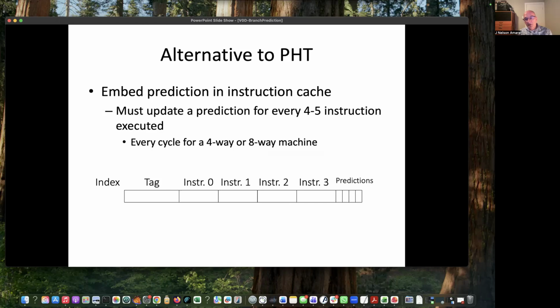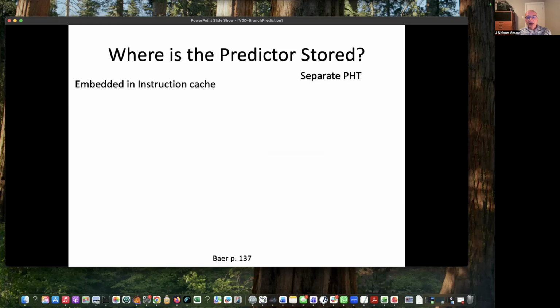So instead of having a PHT, if I have the equivalent of a 1-bit PHT, I can store this bit with the cache line. The problem is that I'm going to have to update this bit about every 4 to 5 instructions that I execute. And if I have a 4-way or 8-way machine, it means that in every cycle of execution I need to update these bits. But this is a solution that can be used as well.